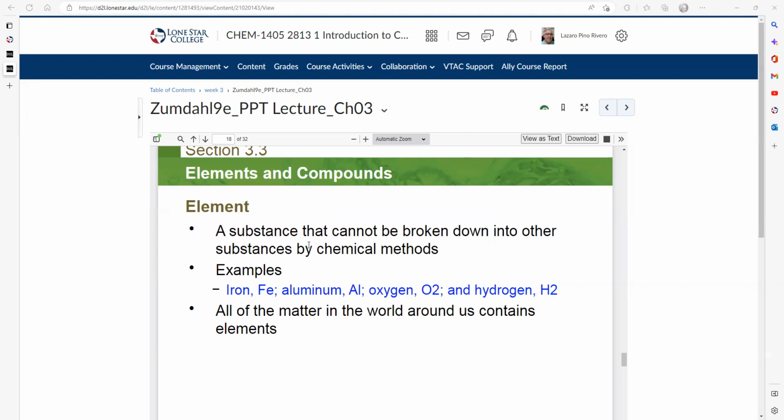It's a substance that cannot be broken down into other substances by chemical methods. For example, iron, aluminum, oxygen, and hydrogen. They are in the simplest state of matter, in the form of elements.